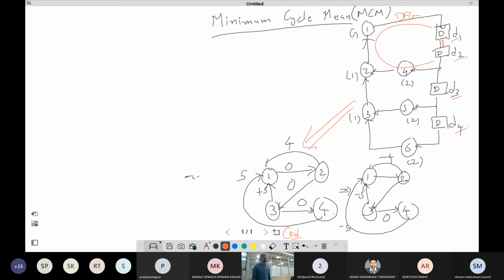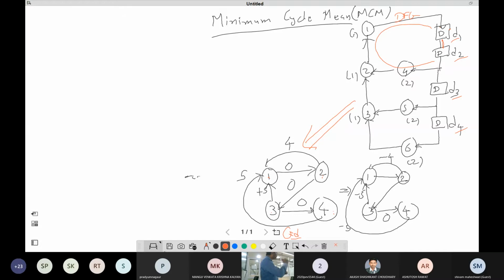Now, once we identify an edge, then we need to think about the weight which I can associate with this particular edge. So now, weight is nothing but the execution delay of a node which comes through your path. Weight of an edge is nothing but, what is the edge? Edge is nothing but a path which suggests that I can reach from this node to the destination node.